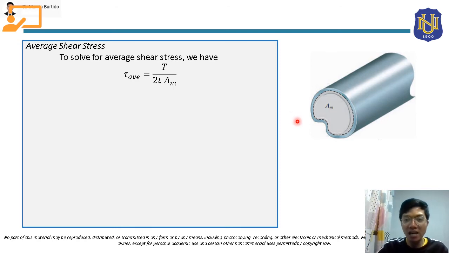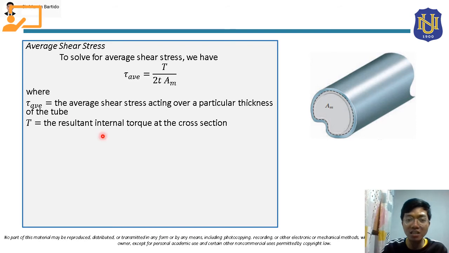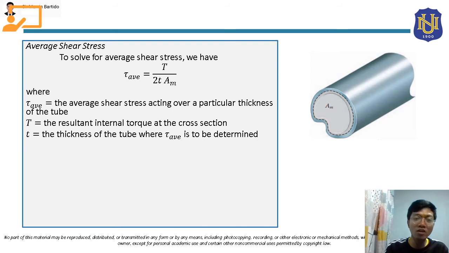From this formula, tau average is the average shear stress acting over a particular thickness of the tube. T here is the resultant internal torque at the cross section, so this is the internal torque, and you have to solve this using the equilibrium equation. Then t is the thickness of the tube where the shear stress is to be determined.